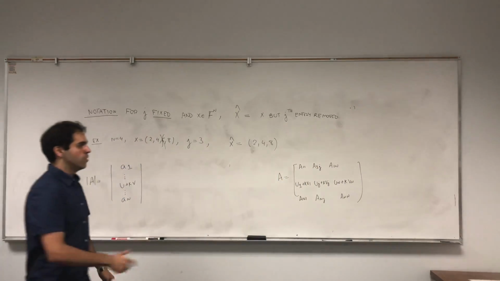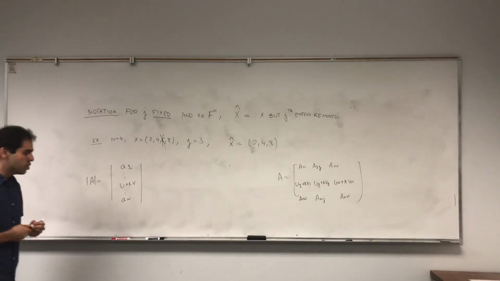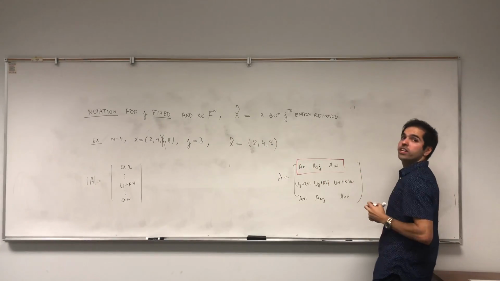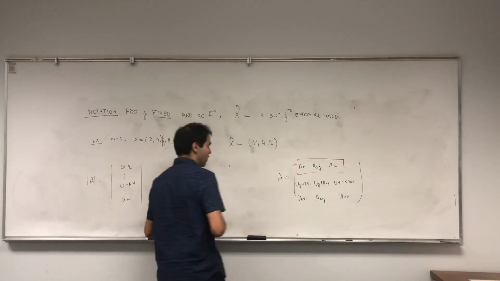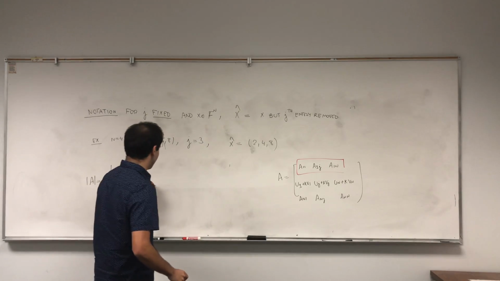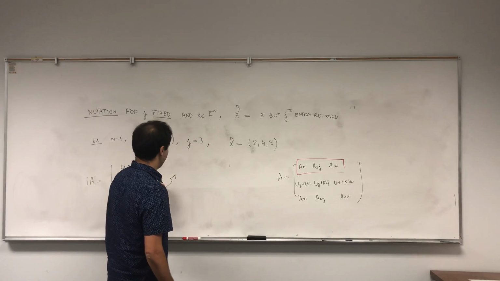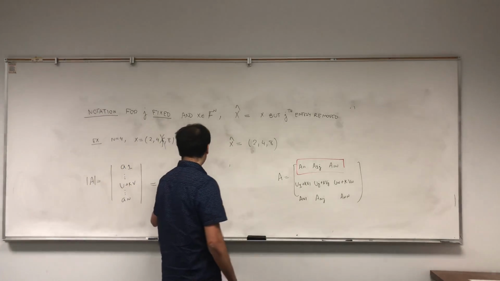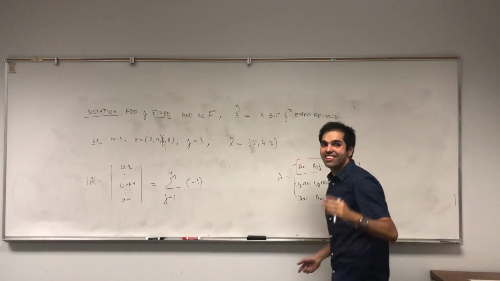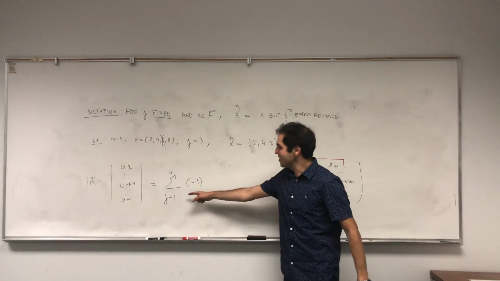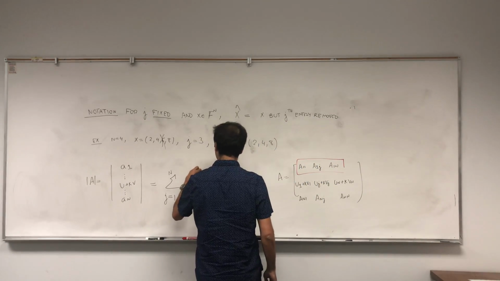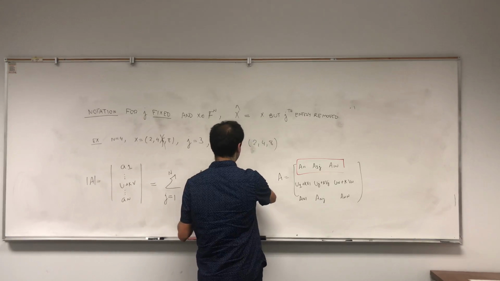All right, first of all, if we expand out the determinant along the first row, which is the only thing we can do so far (I think in the next video we can do it along any row), then by definition, this is the sum from j from 1 to n of minus 1 to the 1 plus j.